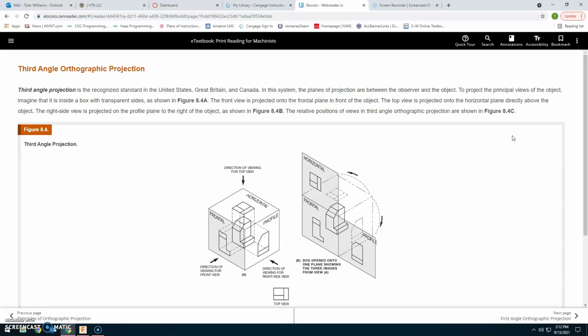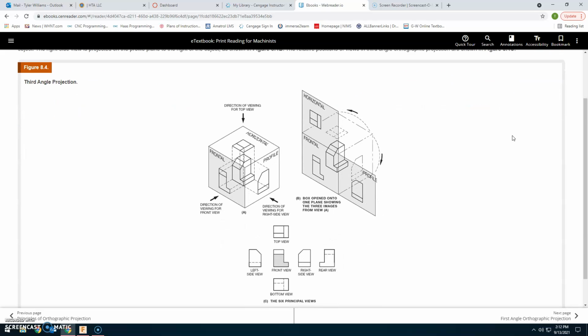The front view is projected onto the frontal plane in the front of the object. The top view is projected onto the horizontal plane directly above the object, and the right side view is projected on the profile plane on the right side of the object, as shown in figure 8.4b. The relative position of the views in third angle orthographic projection is shown in figure 8.4c.